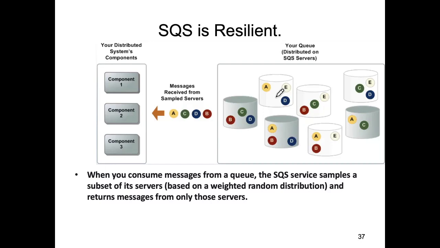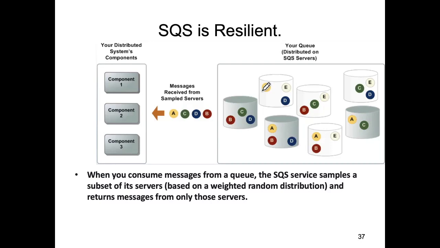That's the second point. The third point is, when a consumer, and let's suppose we've got a number of consumers over here, when a consumer asks SQS for messages from a queue, then what SQS does is it samples a subset of these servers, not all of them.